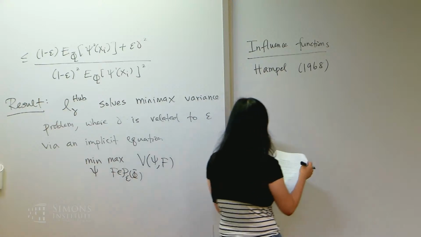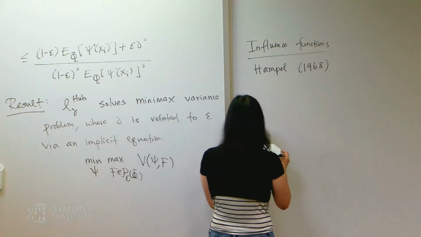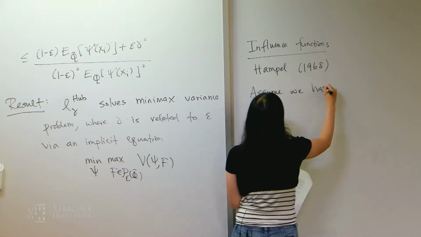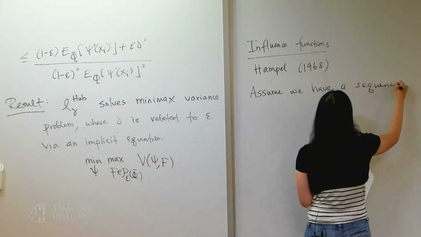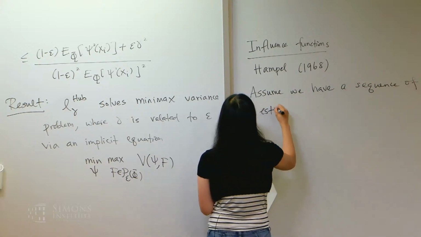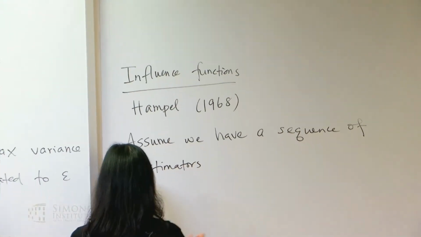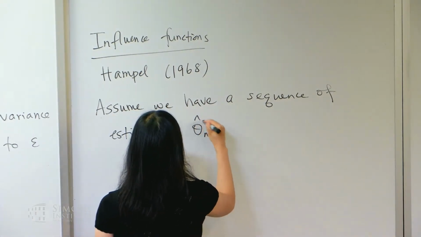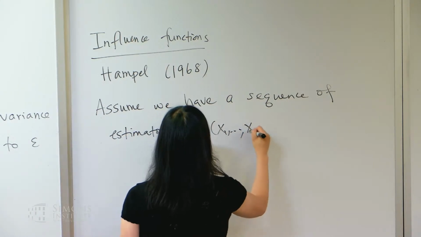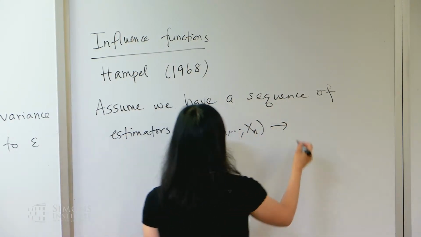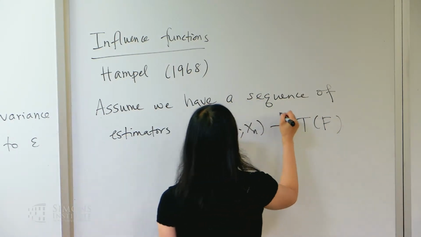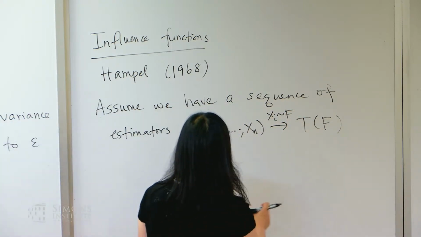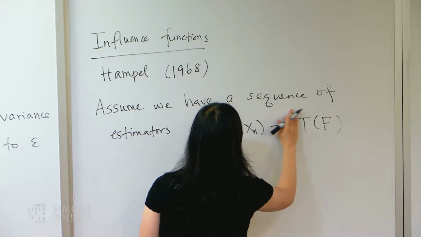Hampel looked at things in terms of functional derivatives. So we assume that we have a sequence of estimators, theta hat n of x1 up to xn, which are converging in probability to some function of f, where the xi's are distributed IID according to f.